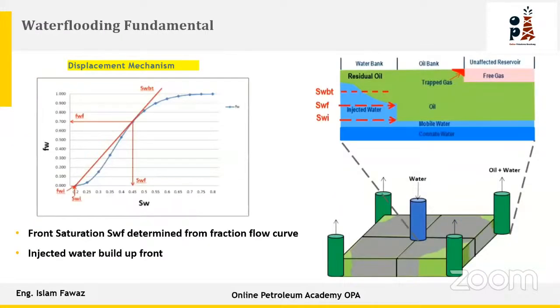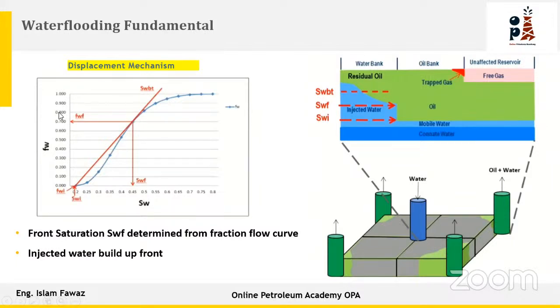So the fundamentals of the water flooding here, as you see in this graph: once we have a core from the reservoir, just a core of 1 inch by 1 inch, we apply the scale data and the fractional flow curve. This is a fractional flow curve, where the displacement mechanism describes how the flood or the saturation progresses in your reservoir.